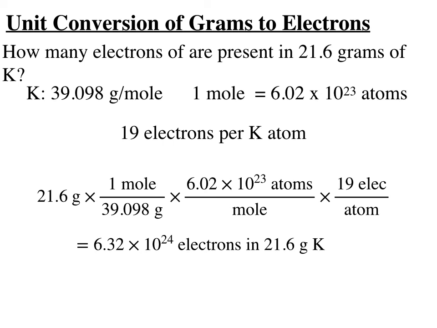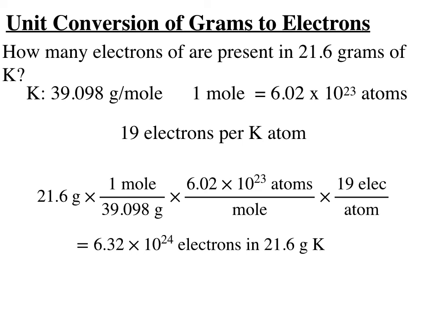So in this process of going from the mass of a sample of a particular atom into the number of electrons present in that sample, I need 3 different conversion factors, as you see here: the molar mass of potassium, Avogadro's number, and the number of electrons per atom of K. Now, in this particular instance, unlike what I did on the previous slide, I'm going to line them up in one fell swoop and calculate the answer all at once.